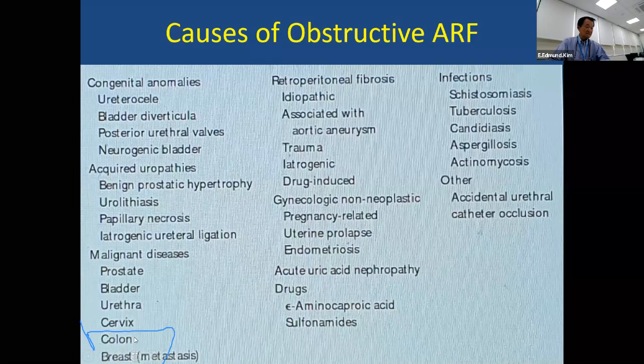It's all extrinsic compression, or sometimes metastasized breast cancer. And retroperitoneal fibrosis, idiopathic or after trauma. Gynecological causes, pregnancy, anything extrinsic compressing the distal ureter will make obstruction.